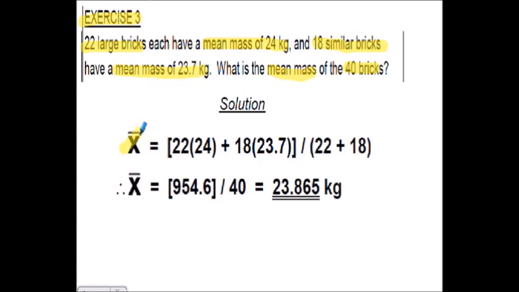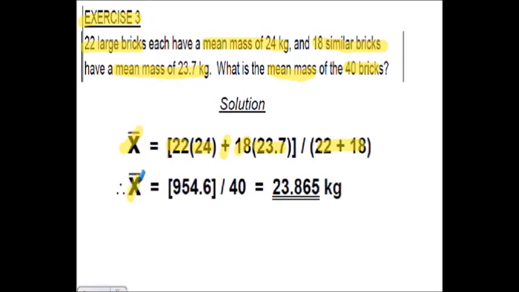So in this case, to work out the x bar, back to our formula again, we've got 22 is the frequency, the f, and that's multiplied by the mass of the 22 large bricks, which is 24 we're given in the question, and we add to that 18 is the frequency of the, they're called similar bricks here, that have a mass of 23.7 kilograms. That's all divided by the 22 plus the 18, a number of bricks.